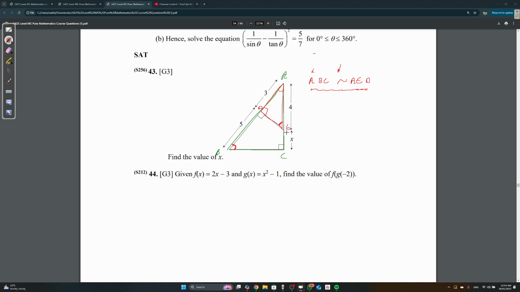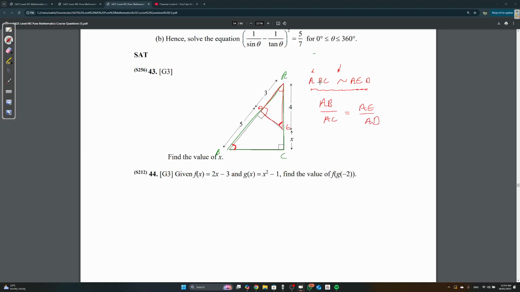Okay, so now can I find x? Yes, I can. You can say, for example, the hypotenuse, or let's say what sides do we have? We have AD, we have AE, we have AB, we have AC. Okay, we can say this. We can say AB over AC is equal to AE over AD.